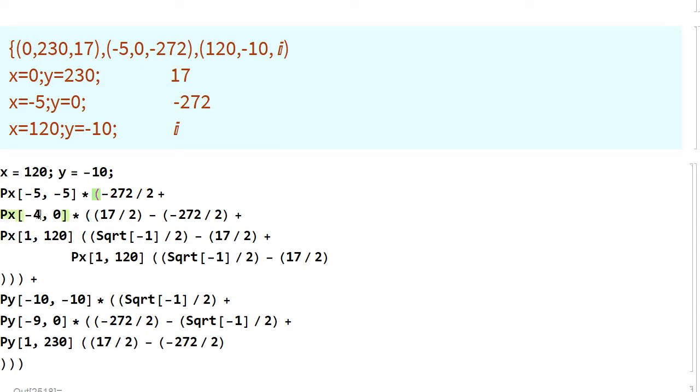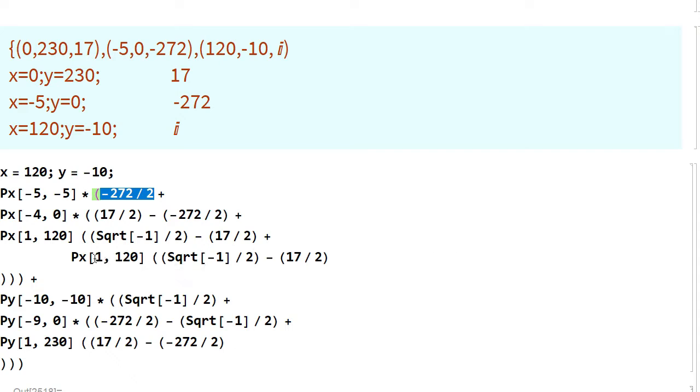These numbers here are just this number plus 1. And it's the same all the way down. But the one on the right is the x value, and then that's the y value, but you have to divide it by 2. That's all there is to it.